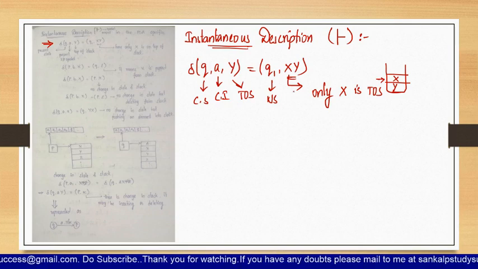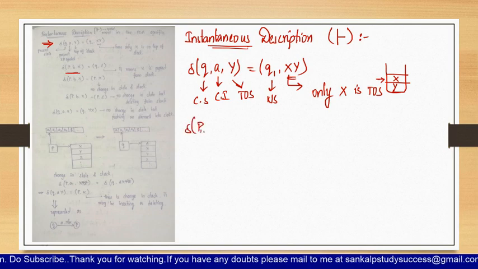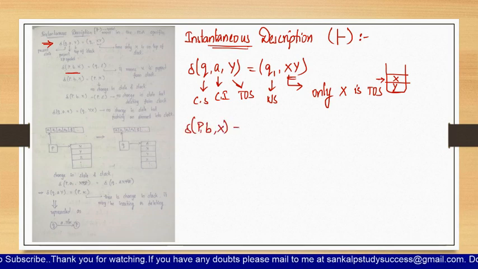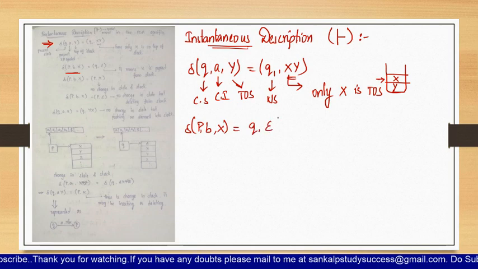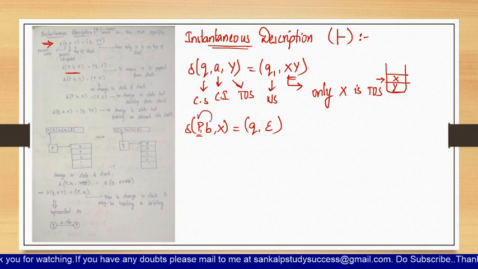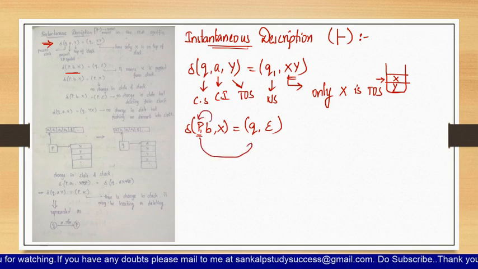Here, if you observe, the second one is transition function of p, b and x. Let us write it here. Transition function of p, b and x, which gives q comma epsilon. That means from state p, if you apply input symbol b, it is going to q.